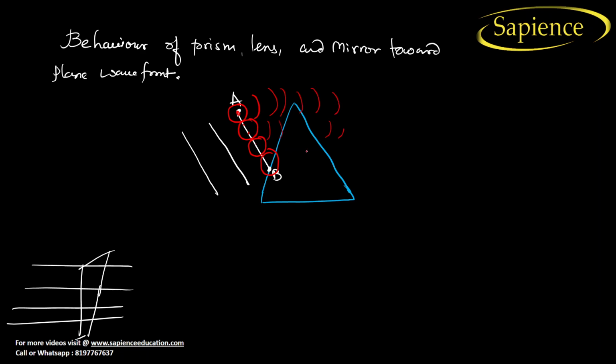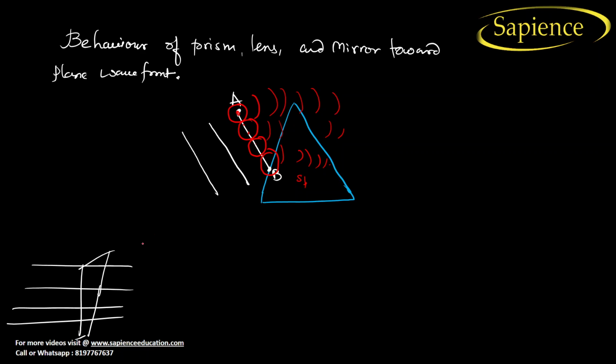As we know, this lower part will have to travel more in the prism. It means its speed will be less, and the upper part has to travel less in the prism, so its speed will be high.